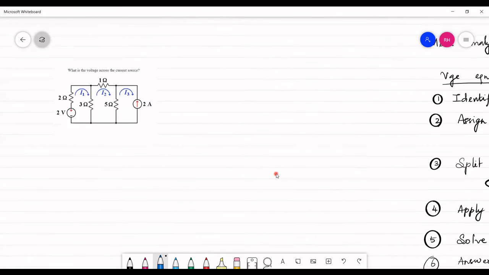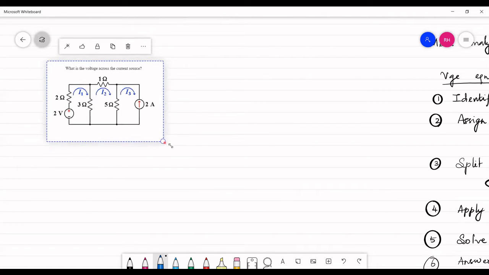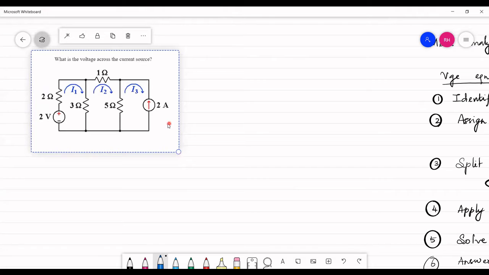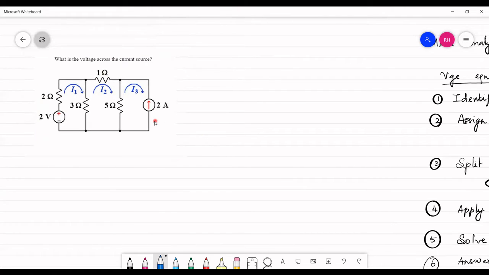So now, in this session, let me introduce you to a circuit where we have a current source at the periphery of your circuit, or at the circumference of the circuit. I would like to categorize every circuit that you're going to see into three types.